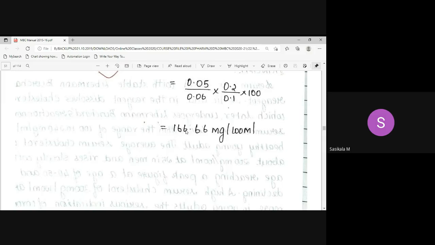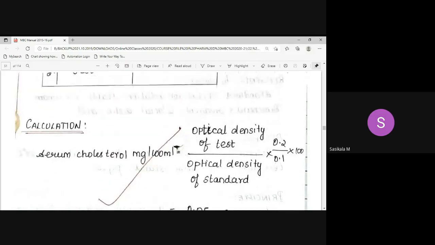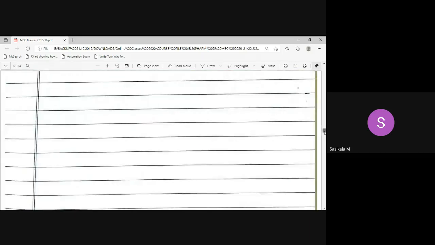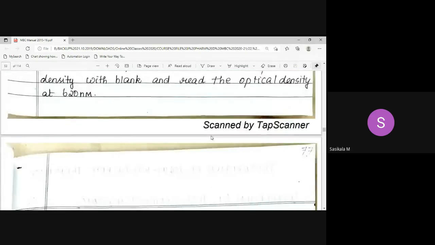And all of you, don't put the same reading. Keep it near the standard, that is the normal level of cholesterol. You can alter the test reading. Keep the standard as 0.06 only. All of you take 0.06 as the standard reading, constant, and only the test reading should be changed according to the normal level. Now she is getting 166, right? 166 milligram per deciliter in this record.